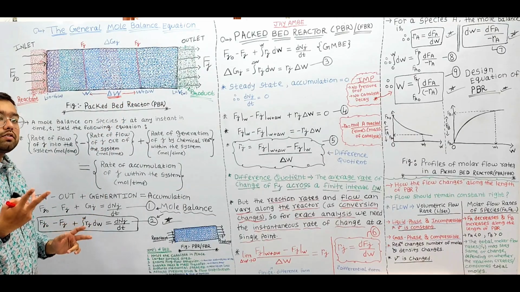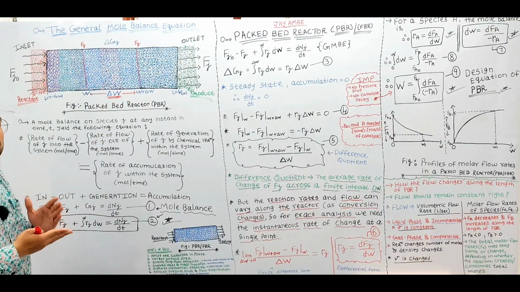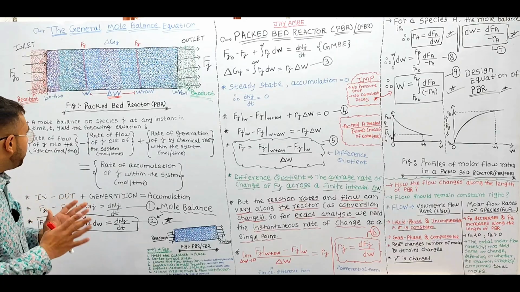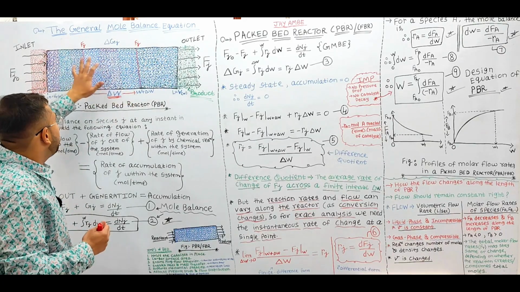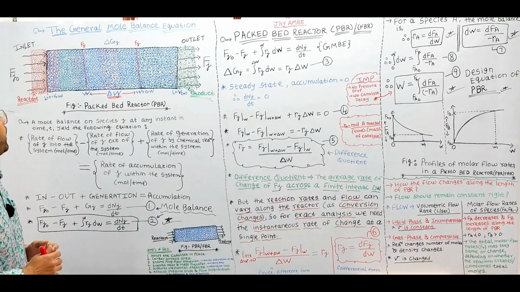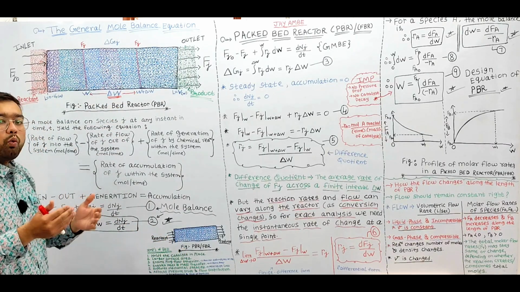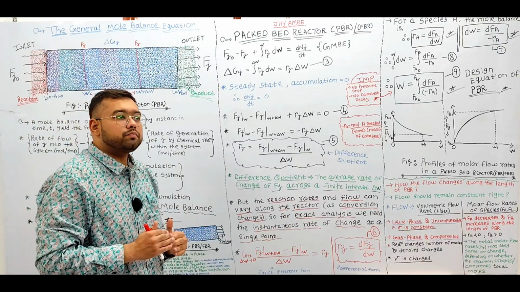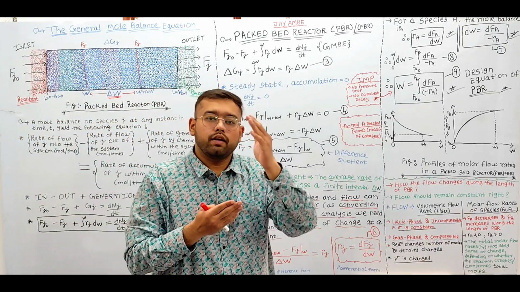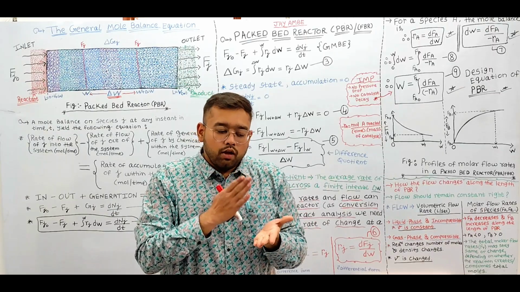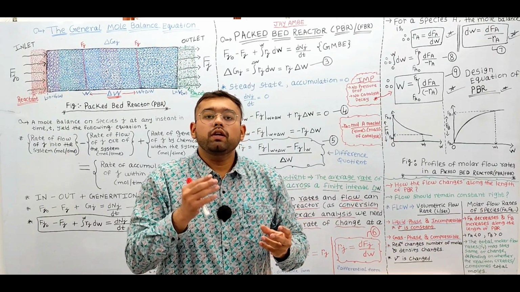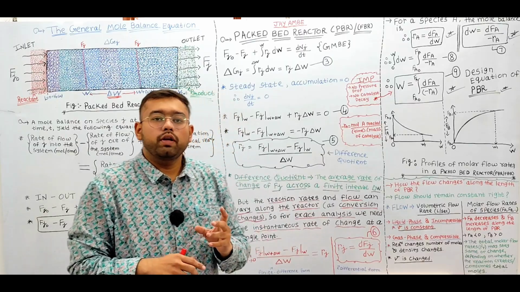In the second case, if we divide into very small, infinitely small parts, let's say similarly we have 10 grams of catalyst present in the backbed reactor. Now we divide that 10 grams into 1 lakh parts, which means 10 divided by 1 lakh, and the answer will be 0.0001.